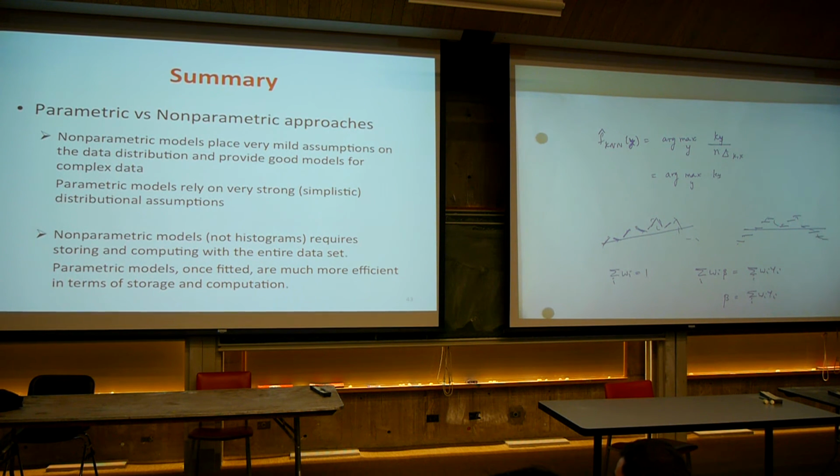What controls how complex it can be is your bandwidth here. Because you're placing a bandwidth, you're still assuming something, but it's very, very mild. Essentially, what you're assuming is that your function is smooth, so it does not change very much as you go to your nearest neighbors. And there are formal ways to characterize it. If you take 702, you will see we'll be talking about Lipschitz or Holder continuous spaces.